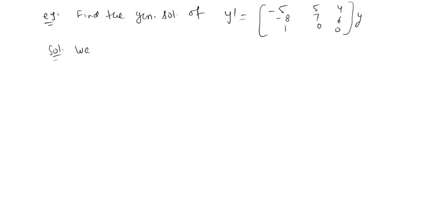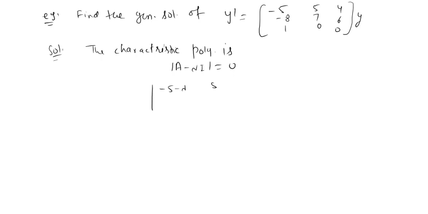Firstly we find the eigenvalues. The characteristic polynomial is the determinant of A minus lambda I equal to 0. That will be the determinant of (-5 minus lambda, 5, 4), (-8, 7 minus lambda, 6), (1, 0, 0 minus lambda) equal to 0.